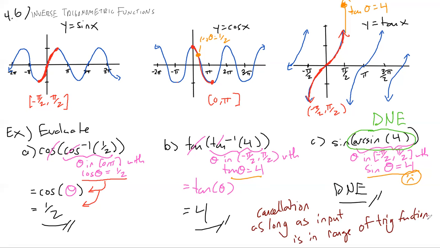And for these ones, it doesn't even matter what calculator setting you're in, radians or degrees, because the angle is just going to happen in that middle step and get wiped out when you then apply the trig function to that angle. It's going to send it back to the ratio, so it doesn't really matter. So for the most part, these are going to cancel perfectly as long as it's actually in the domain.